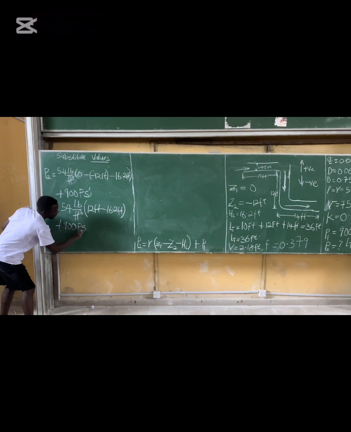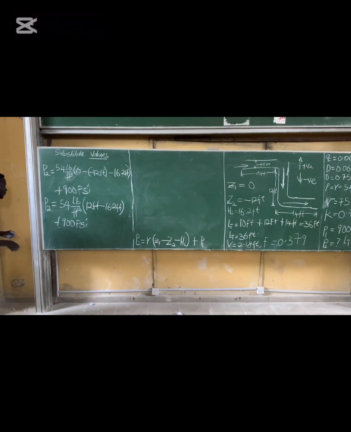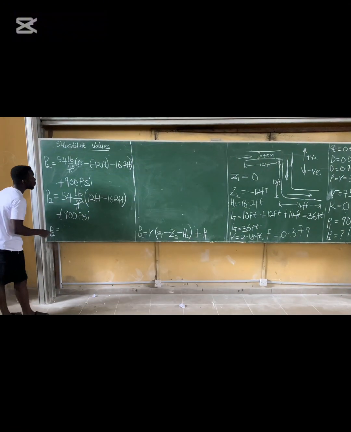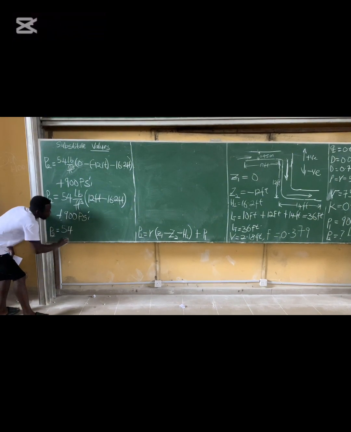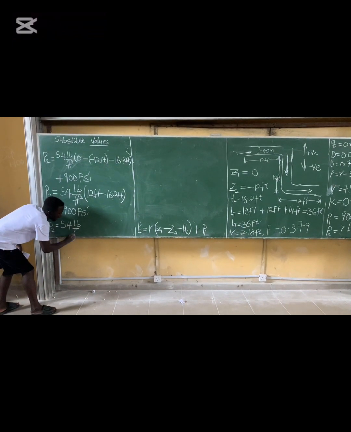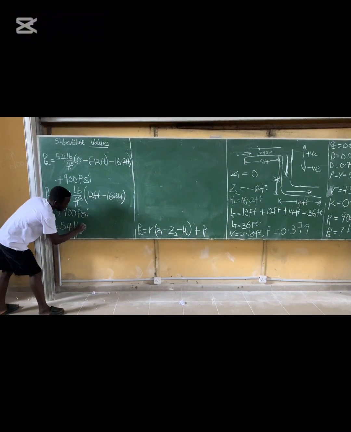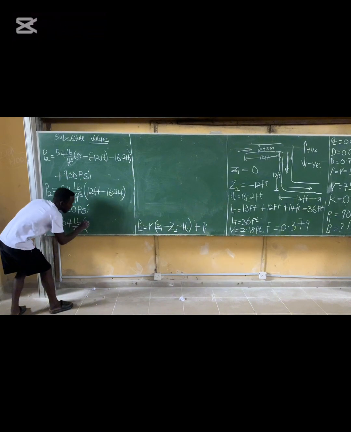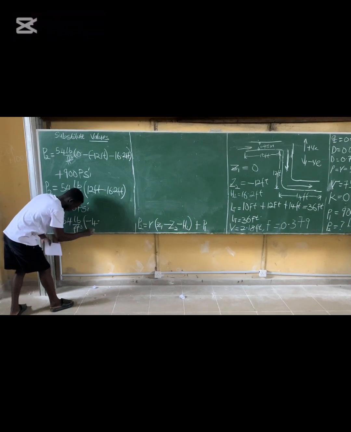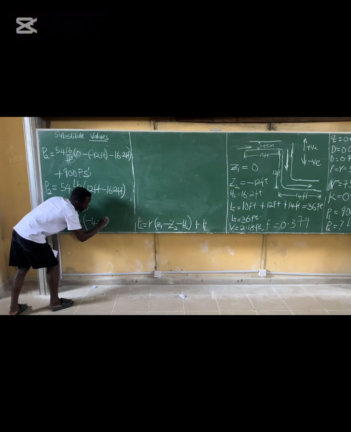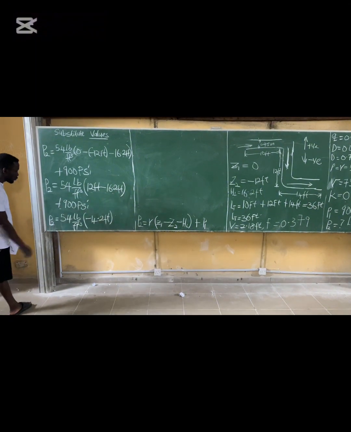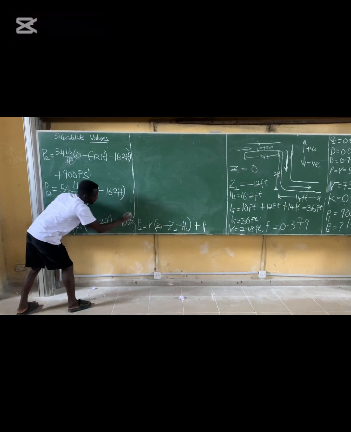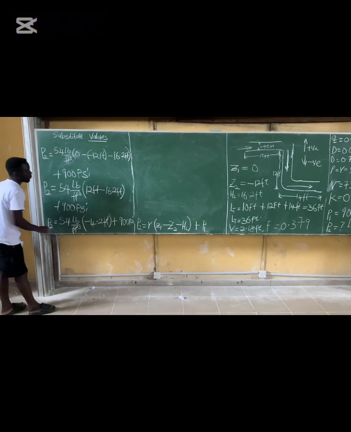So 12 feet minus 16.2 feet will give us minus 4.2 feet, plus 900 psi. The feet here will cancel one foot from there.